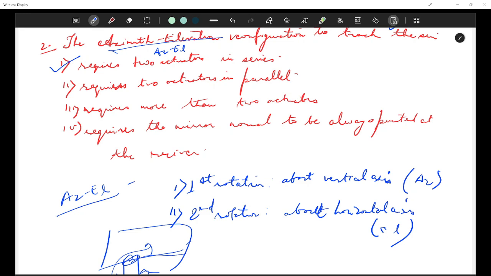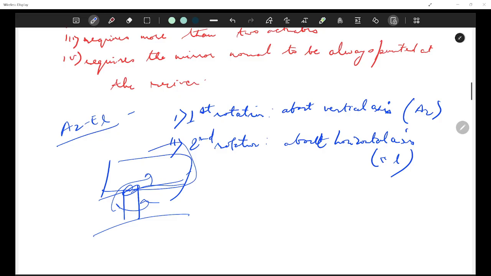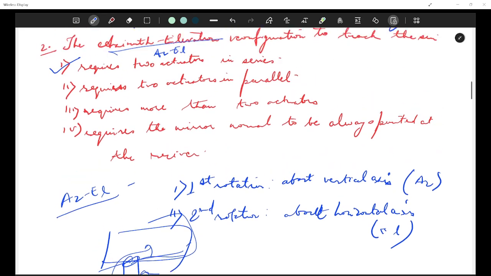Parallel means both actuators support the platform simultaneously, or both influence the motion at the same time, like the Stewart platform legs that we saw. But in azimuth elevation, the first motor rotates the base and the second motor rotates the mirror relative to the rotated base, right? They are stacked and they do not jointly support the mirror. So this is not a parallel mechanism, and option B is incorrect for sure.